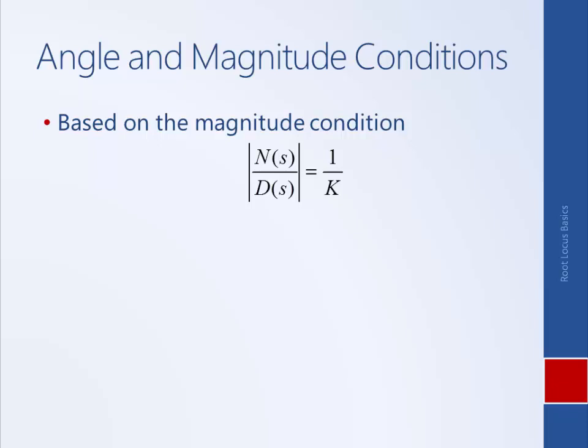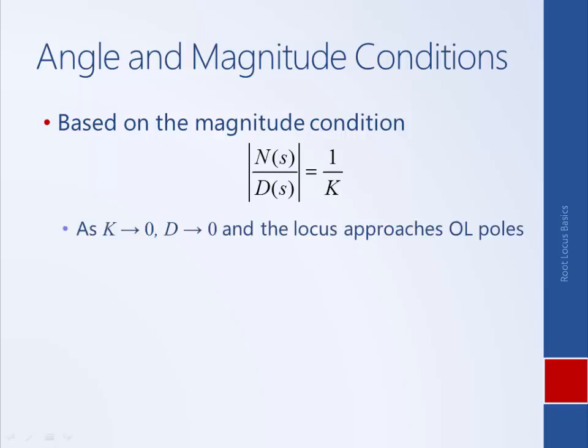Values of s that make a denominator 0 are the poles. So in essence, as k gets small, this blows up. In order for this to blow up, d must get small, and that corresponds to s approaching a value of the open loop poles, because d of s is the open loop denominator. So as k approaches 0, the root locus approaches the open loop poles. And this is something we saw in our previous example.